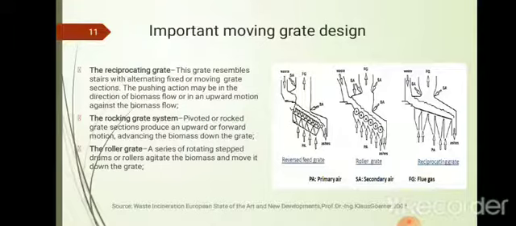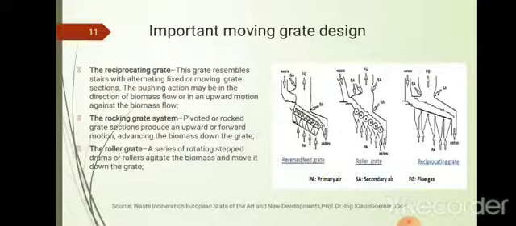You can see here the direction of biomass shown in this figure. It is in the downward direction, and similarly air is supplied below the grate, and you can see the ash is collected at the right bottom corner, and gas is going upward, and we can supply the secondary air also in the combustion chamber.